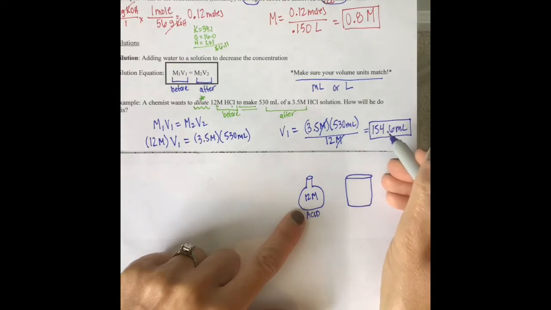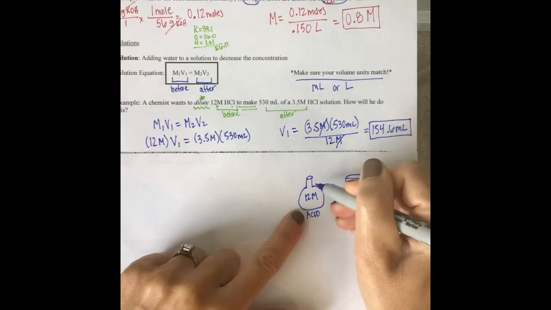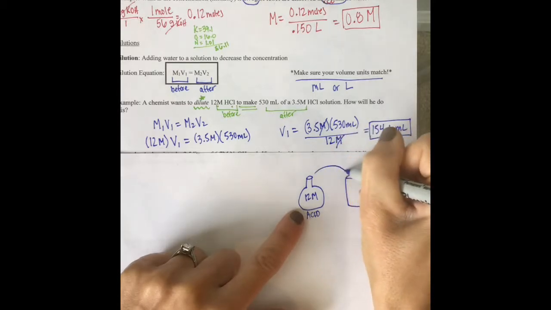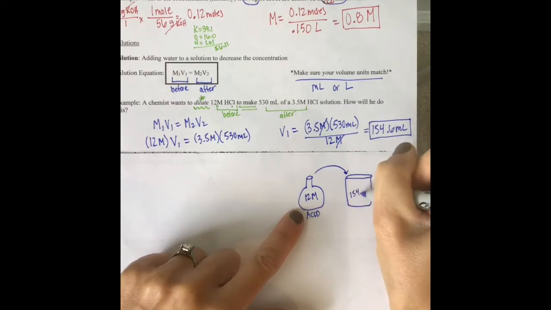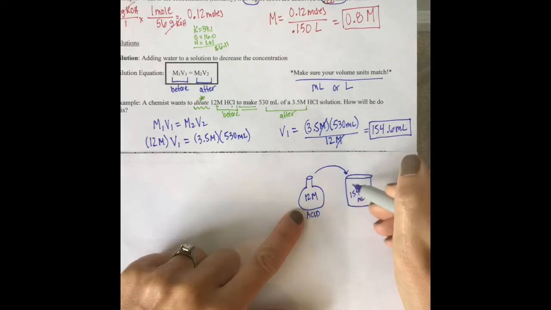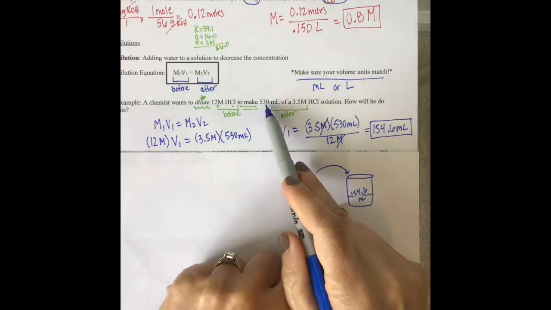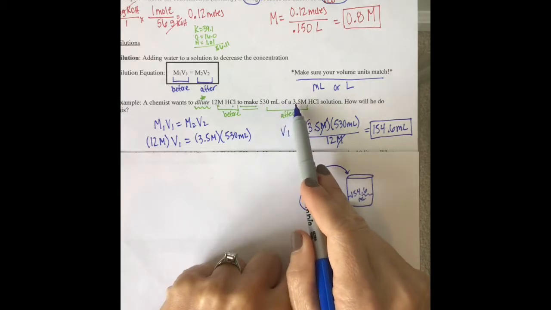So this number here is telling us how much of that acid he needs to use. So let's say he pours 154.6 milliliters of that strong acid into a beaker, okay? In the end, he wants 530 milliliters of a more diluted solution.